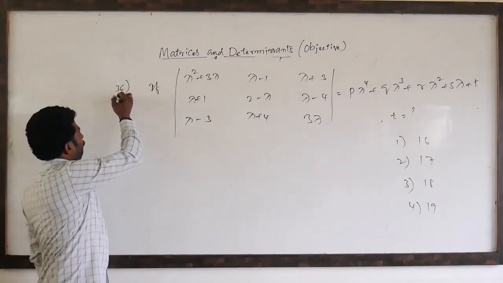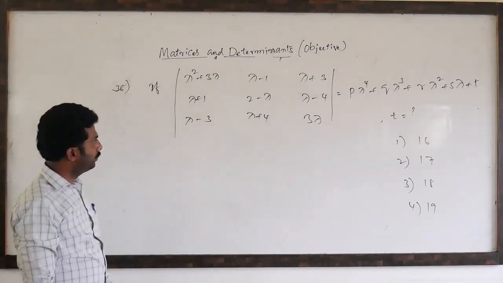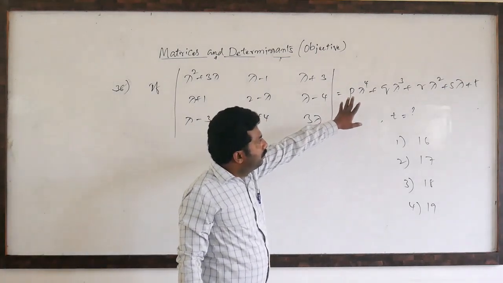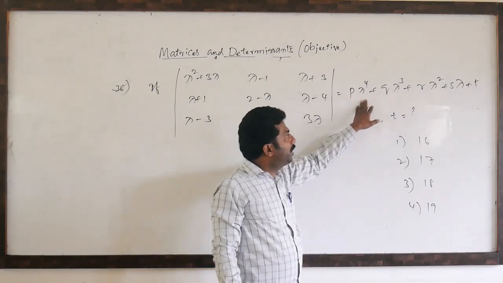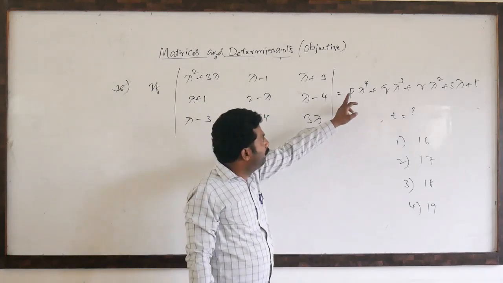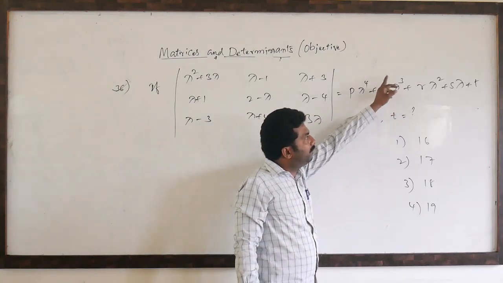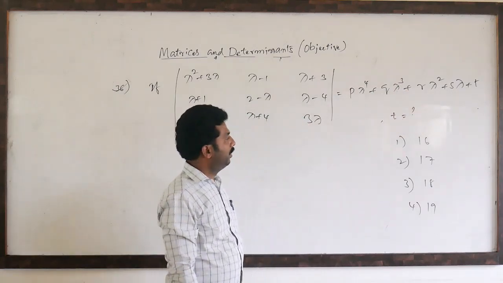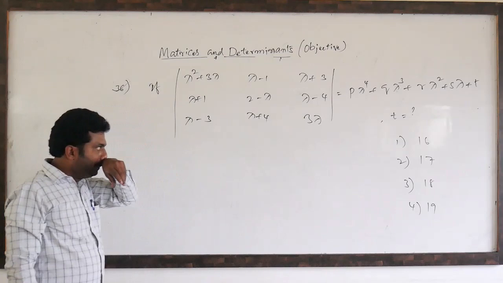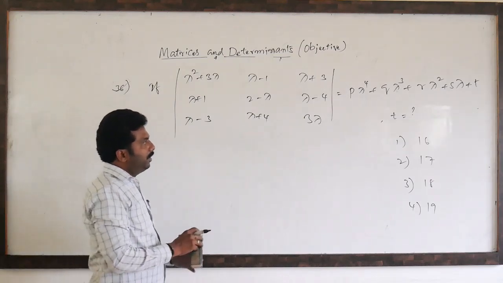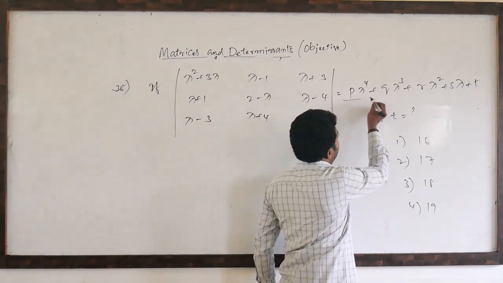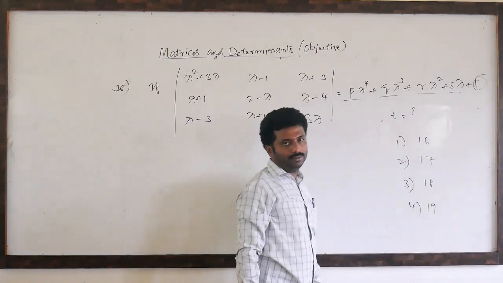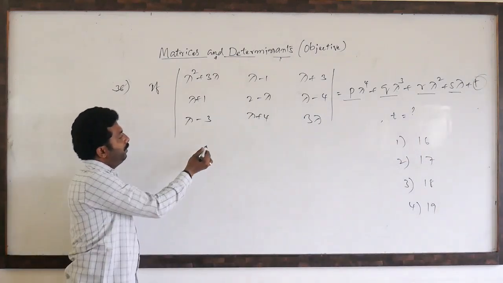Next question, 36. The given determinant is equal to a biquadratic polynomial: p lambda power 4 plus q lambda cube plus r lambda square plus s lambda plus t. They are asking the t value. You observe here, t is free from lambda.